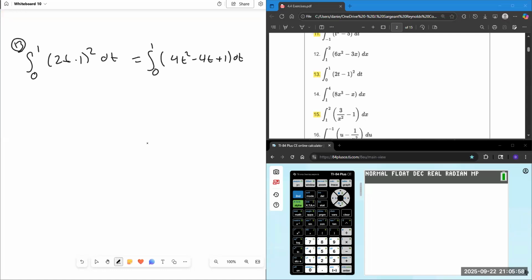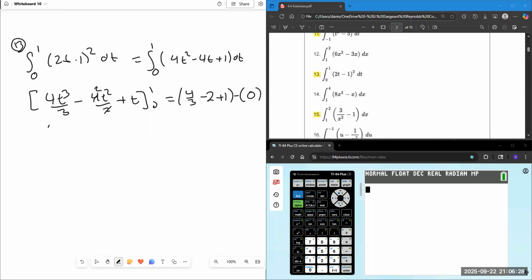And so that's going to be 4t cubed over 3 minus 4t squared over 2 plus t from 0 to 1, which is 4/3 minus 2 plus 1 minus, and then that's all 0. So 4/3 minus 1 is 1/3.